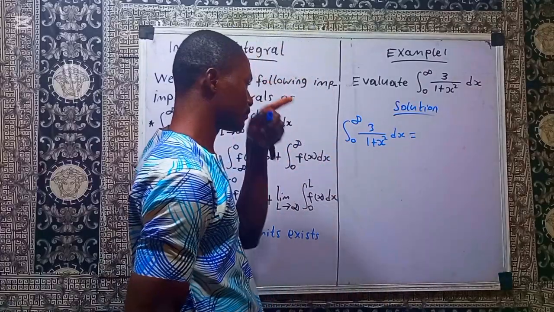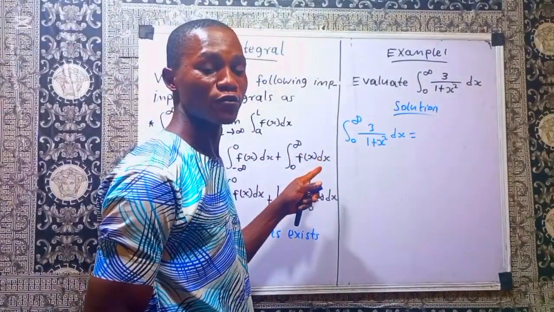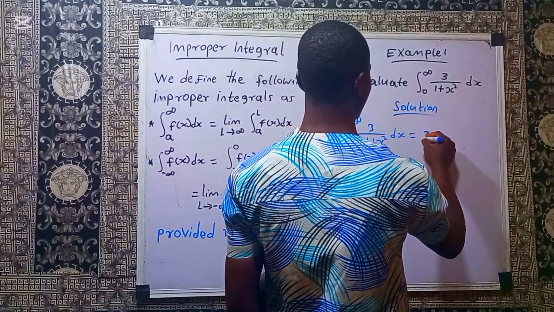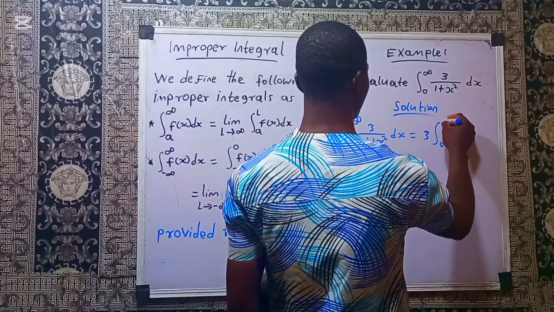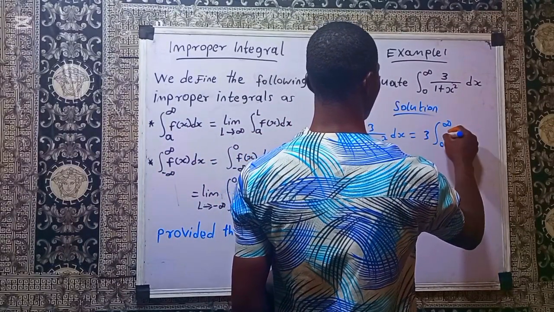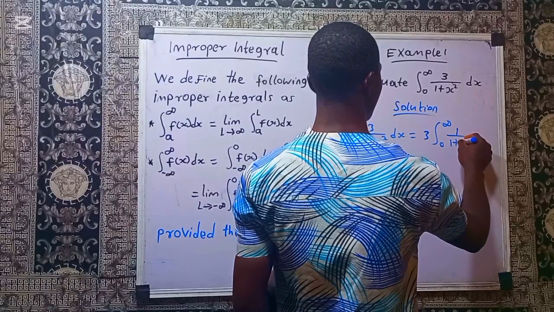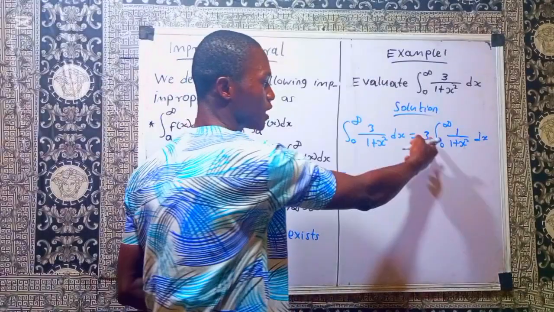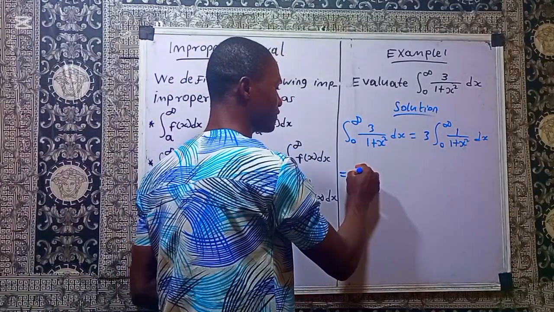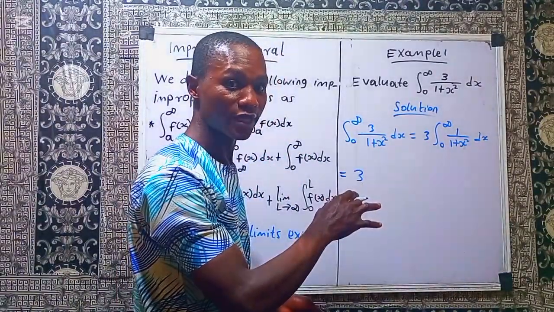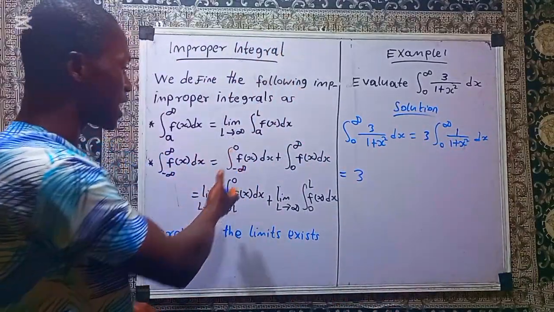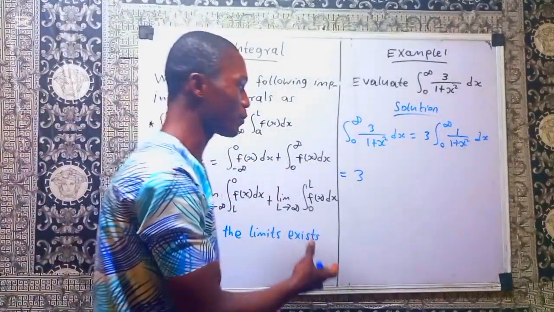Of course, this 3 can come out of this integration, right? So 3 can come out. We now have 3 integral from 0 to infinity of 1 over 1 plus x squared dx. This 3 here, we factored out. We can write it first, right? Then this now, we define this improper integral.